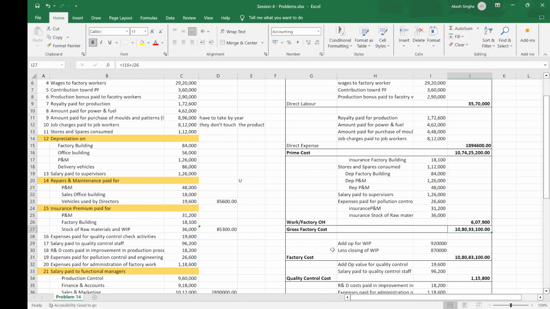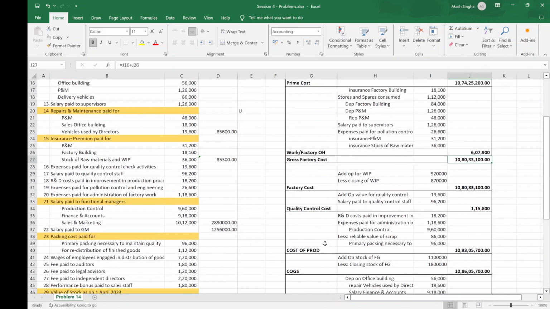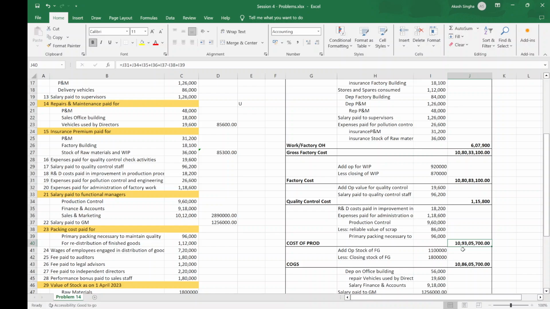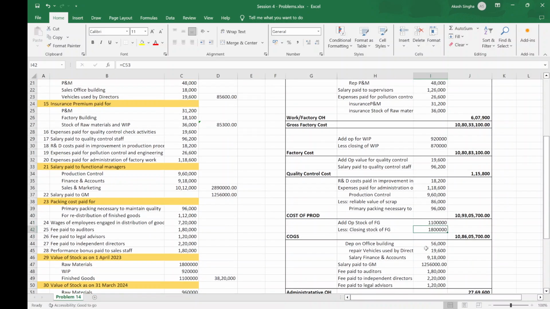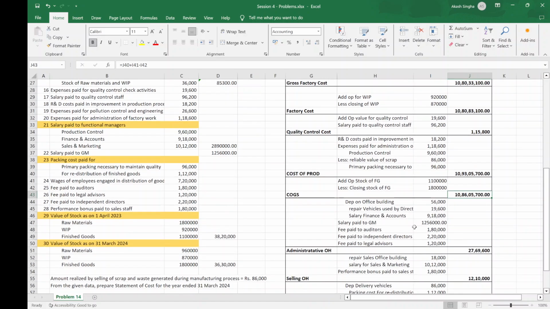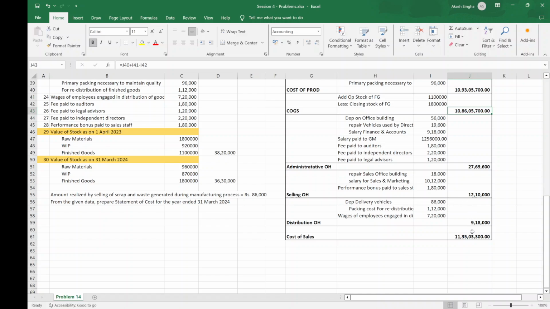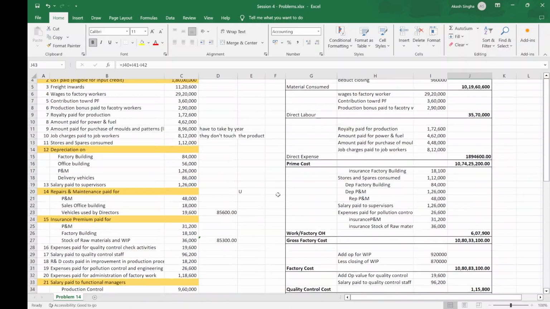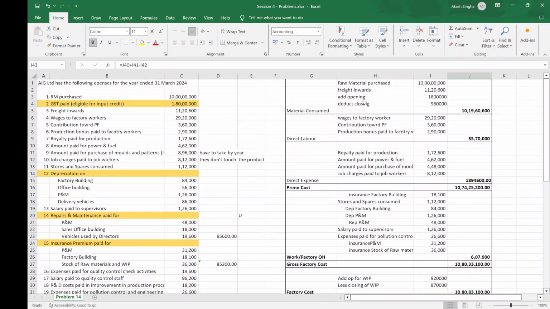Then calculate the factory cost, add quality control cost to calculate cost of production. Then add the opening stock of finished goods and less closing to get COGS. Then add the administrative overheads, selling overheads and distribution overhead to get cost of sales. I have no idea how all of these are coming. So you can see freight inwards. I don't know what this is. I forgot. You can just Google it.